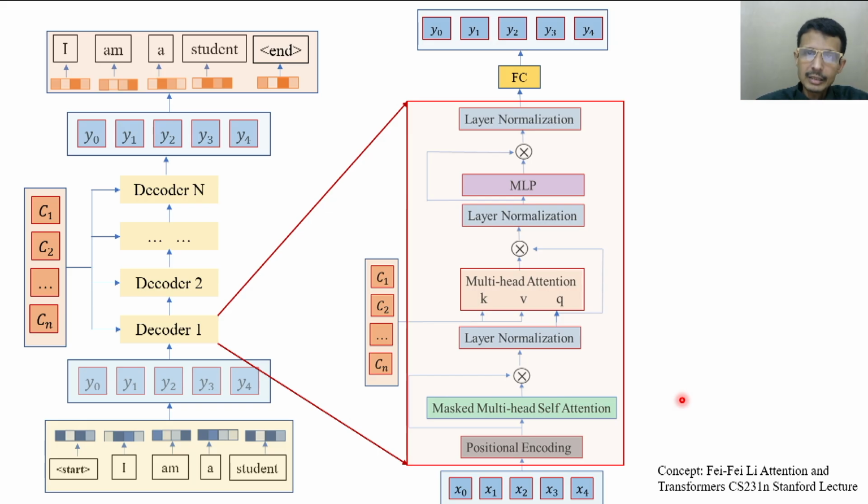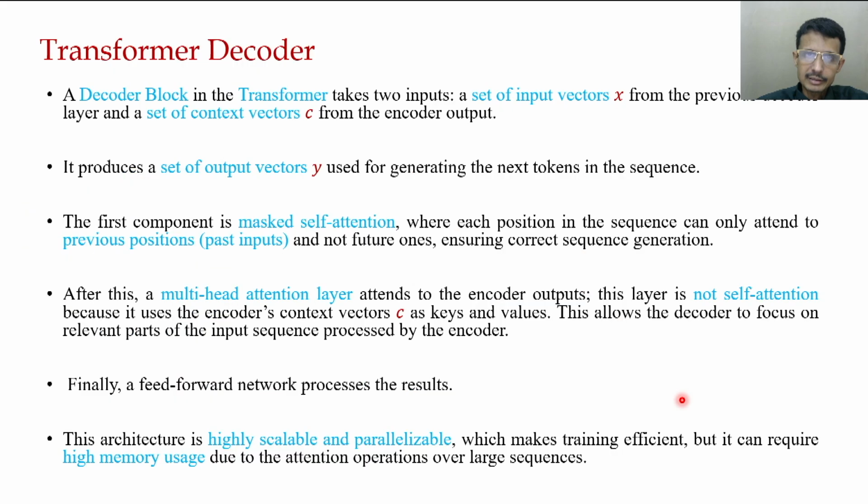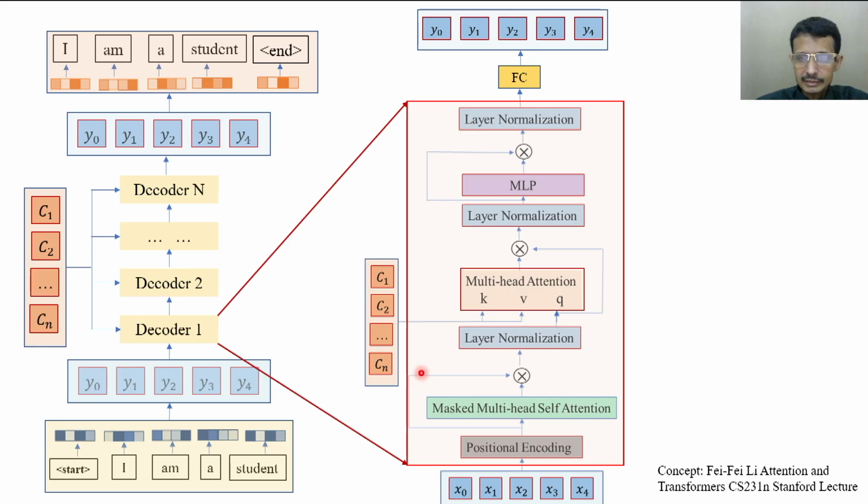So the thing we try to discuss: a decoder block in the transformer takes two inputs, a set of input vectors x from the previous decoder and a set of context vectors c from the encoder. That we can see, the previous input comes in from here to here, and so on, and this is the context vector from the encoder.